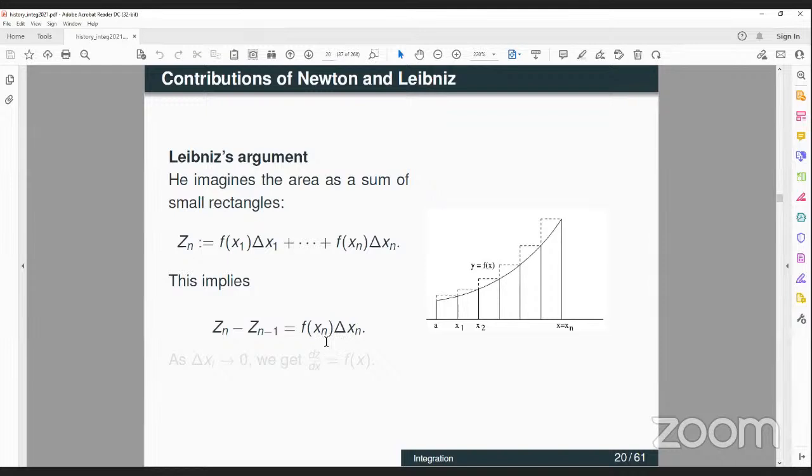So in the limit, if you divide, dz by dx should be equal to f(x). So if z is the integral, then the derivative of the integral is equal to the integrand. That is Leibniz's way of interpreting the theorem.